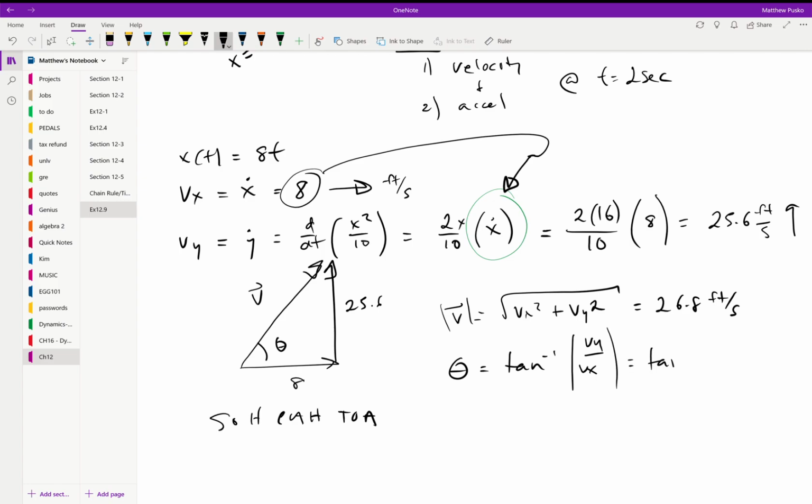So the tangent inverse of 25.6 over 8. And remember when you're doing the tangent inverse, that doesn't give you what quadrant it's in. We use the absolute value and you have to figure out which quadrant it is in on your own. And in this class, I generally measure everything from the positive x-axis.